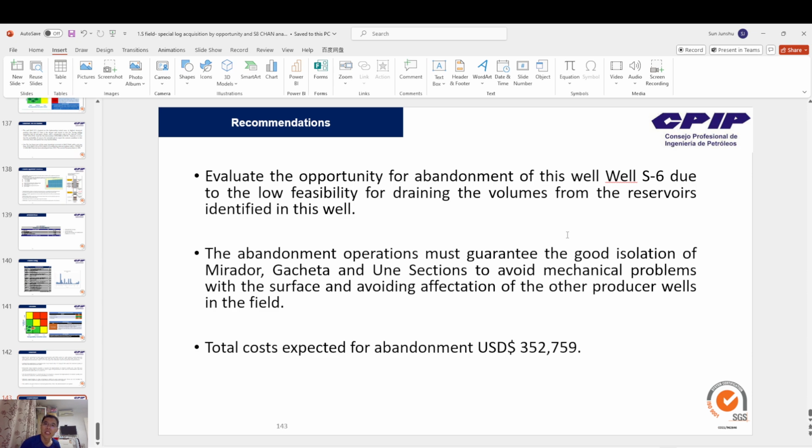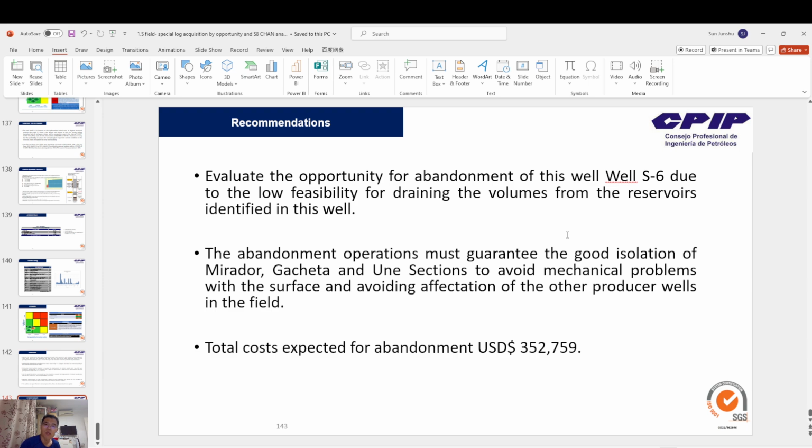Evaluate the opportunity for abandonment of this well due to low feasibility for drainage of the volume from the reservoirs identified in this well. Recommendation 2.